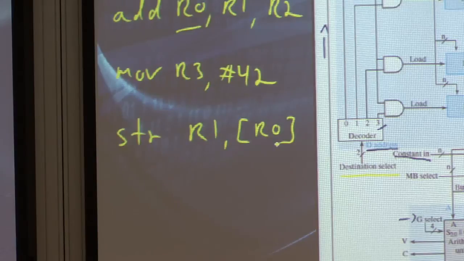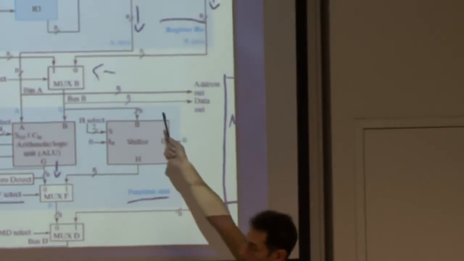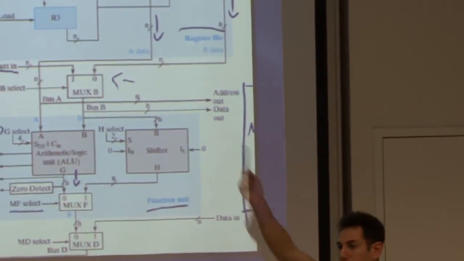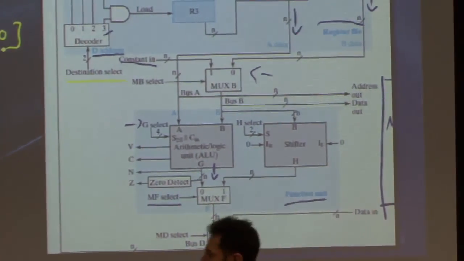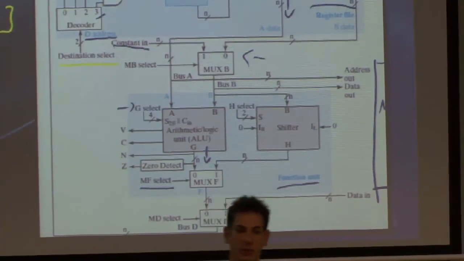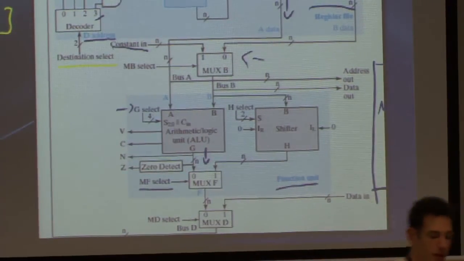So it's a number, but this number will be an address. It will select the corresponding address here, and will send in the data out whatever's in register R1. Essentially, taking the value from R1 and storing it somewhere in the external memory at the address given by R0.